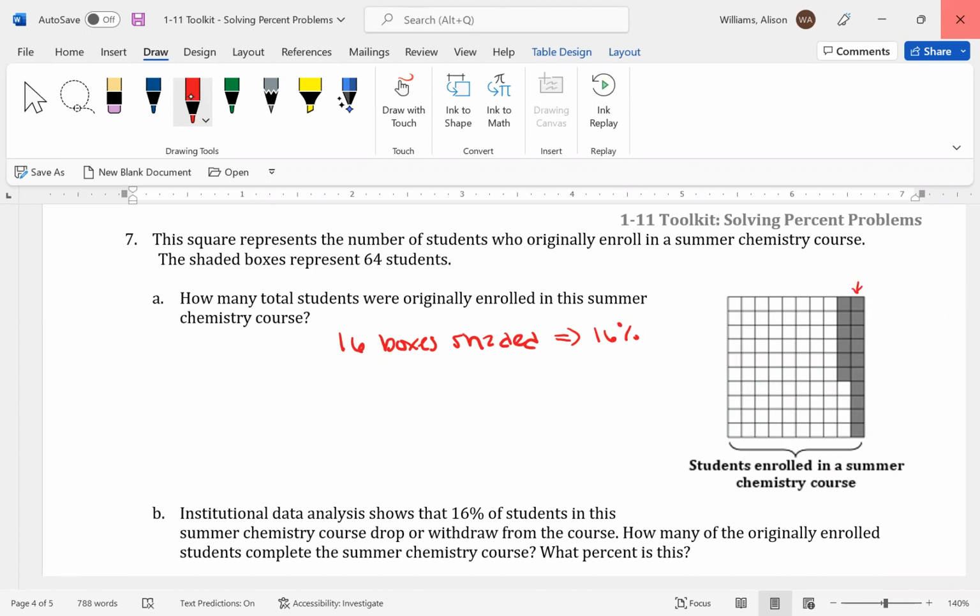I would take 64 divided by 16 boxes, and that comes out to 4. So each little box is 4 students, which means 4 times 100 is 400 students total.